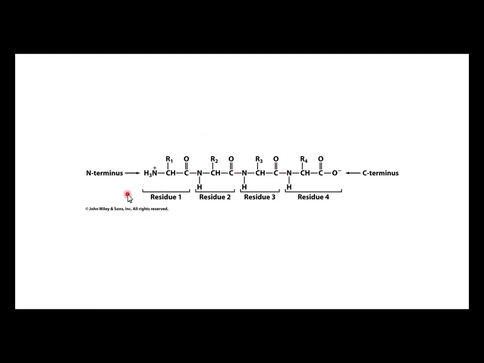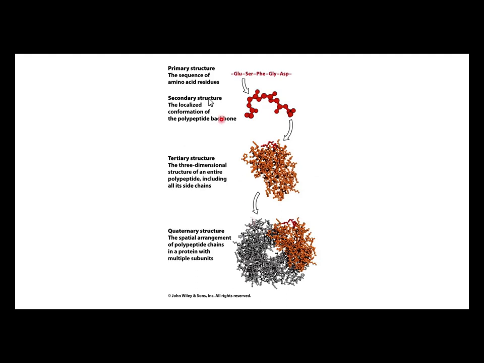The primary structure of a protein or a small polypeptide is shown here. The convention is always to write it from the N terminus to the C terminus, and you can see the series of amide bonds. That primary structure is just the beginning of protein structure. Secondary structure is the localized conformation of the polypeptide backbone, and we'll look at two types in this video: alpha helices and beta sheets.